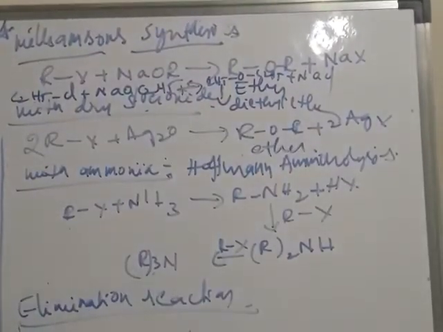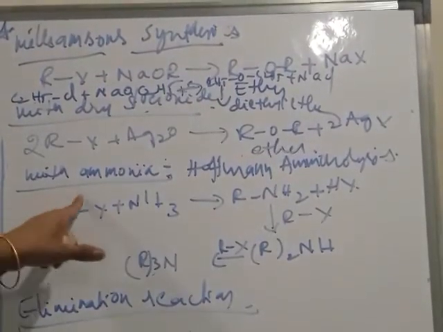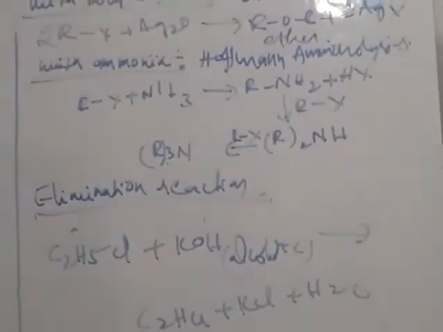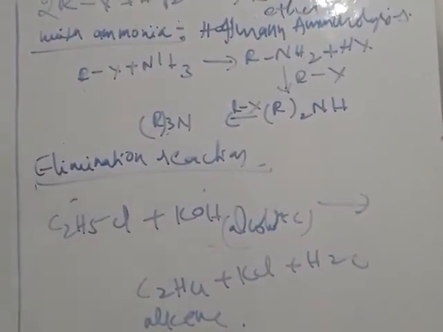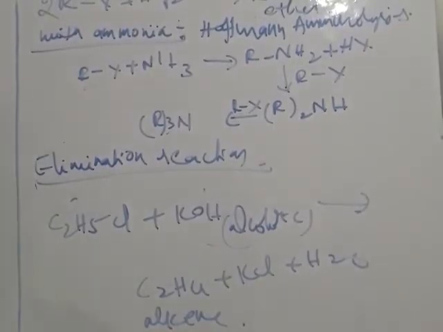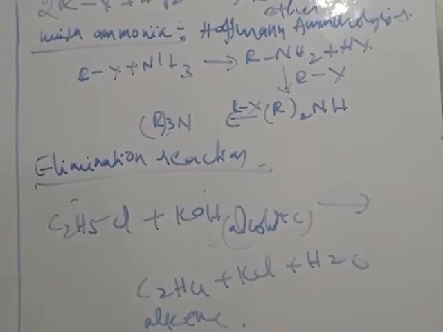Then with ammonia, this is also called Hoffman ammonolysis reaction. In the substitution reaction with ammonia, we get amines. First we get primary amine, and further it converts into secondary amine, and finally into tertiary amine.